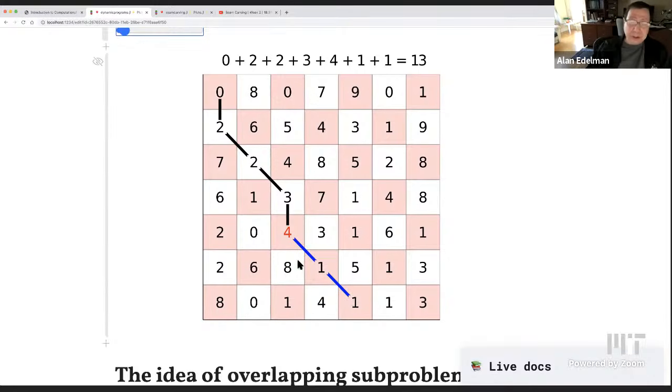Of all these 9 possibilities, the 2 is going to be the minimum. You could take this one or this one. You don't have to look at all 9 possibilities, right?